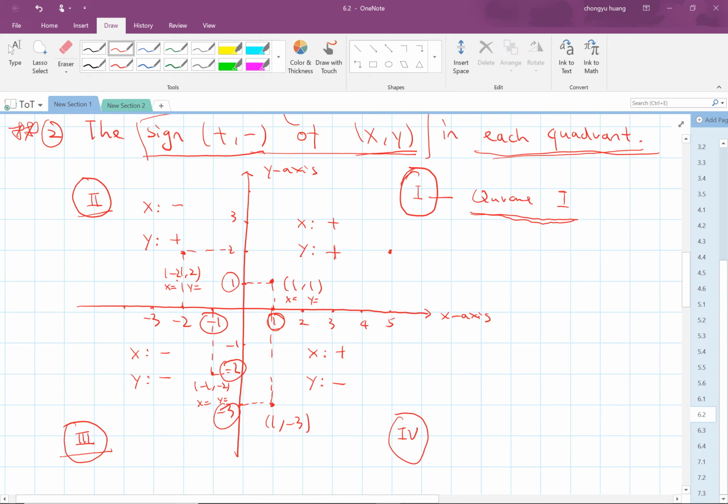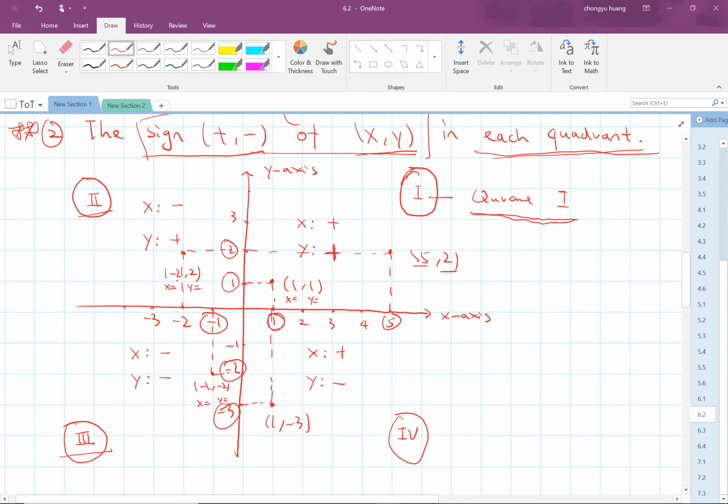This point represents 5 for x and 2 for y, right? As you can see, both are positive, so it's still correct.